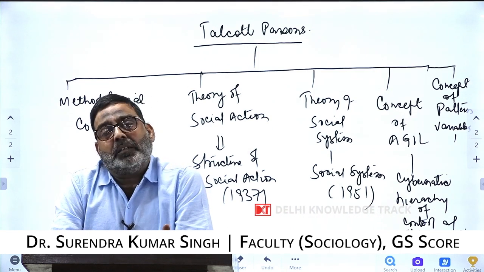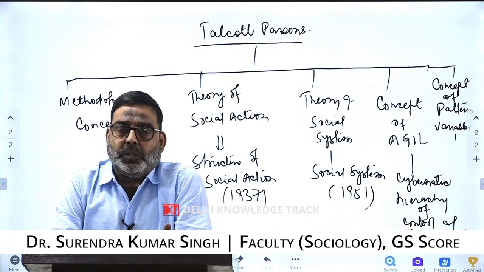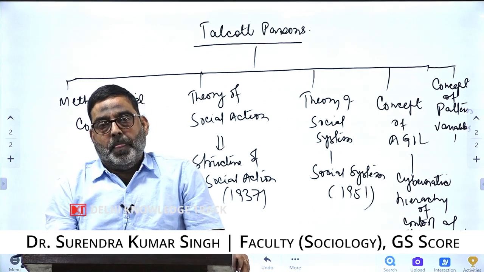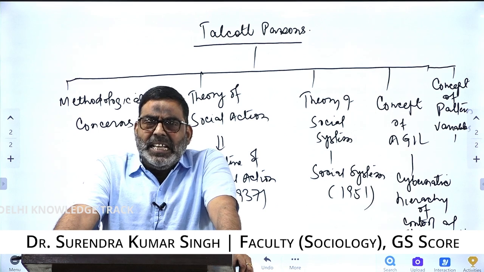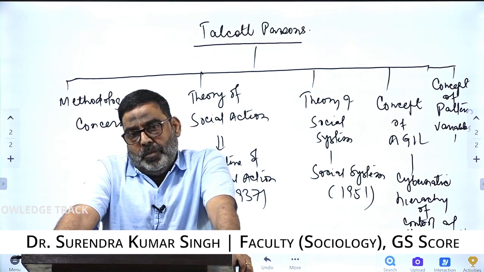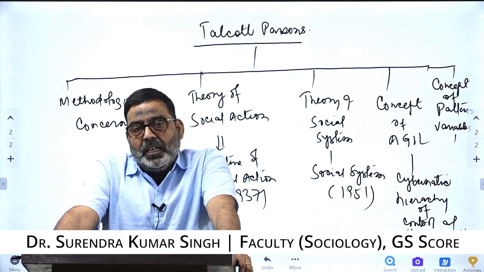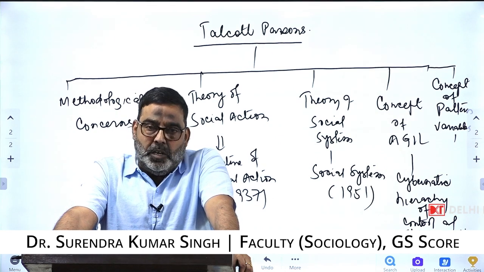And that endeavor, that attempt of Parsons, sets him apart from most of the sociologists, and for which he would be criticized severely, not only in his own time, but by his young students. Parsons was a tutor of Merton as well.